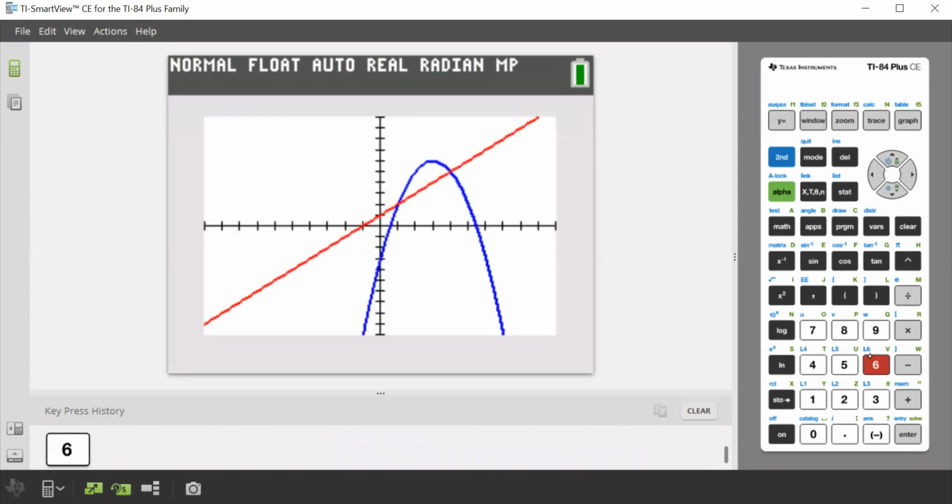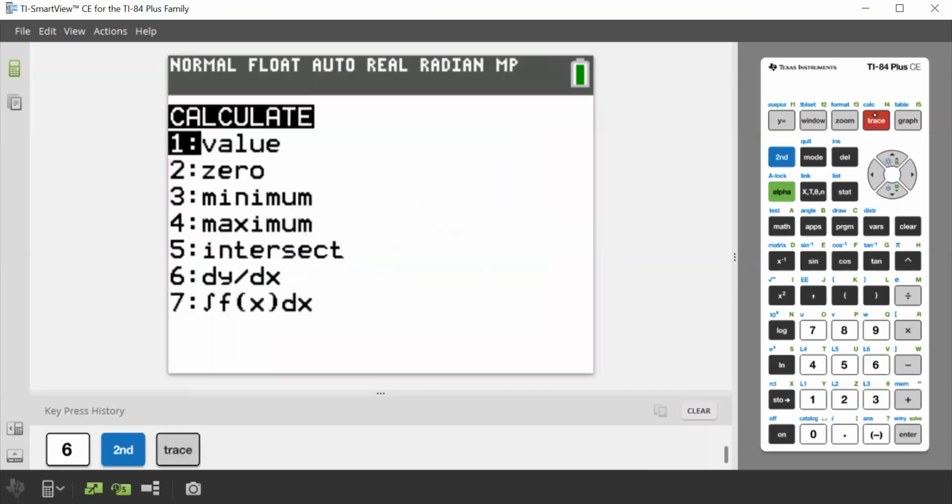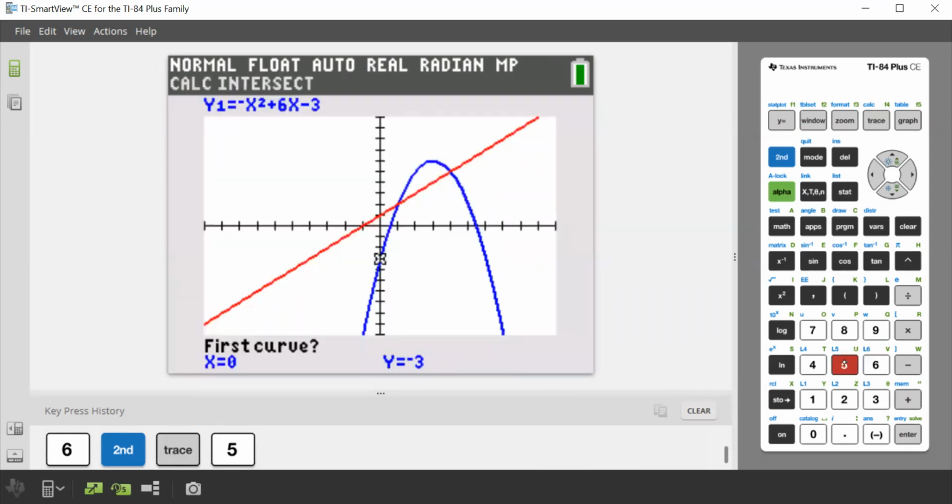And look at that. Okay, where are our solutions? Well, our solutions are where these two graphs intersect. Your solution is the x and y value that make the equations true. So again, to find those points of intersection: second, trace, intersect. And again, first curve, second curve, guess, who cares?